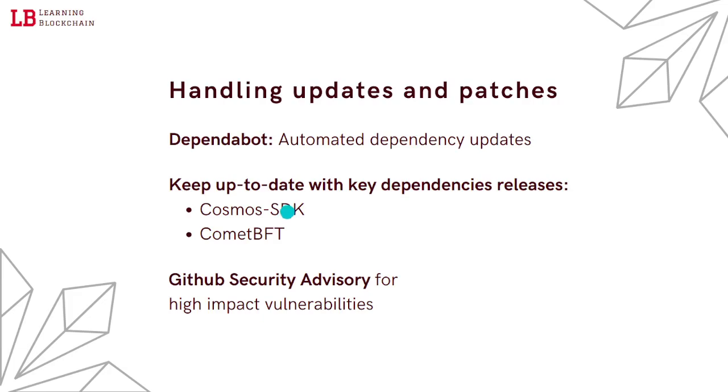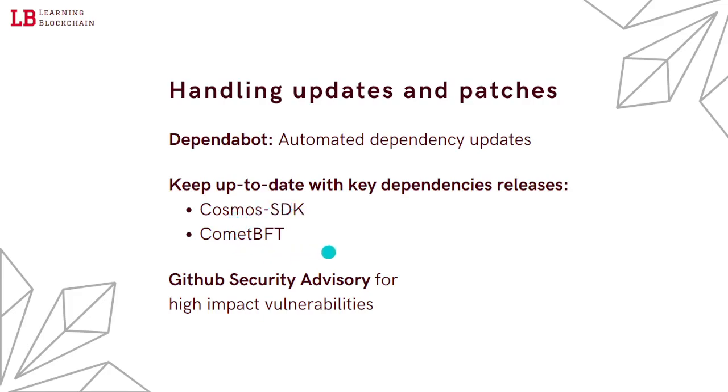So for Cosmos SDK and CometBFT, it's recommended to go through their docs or the repo also, where we will have some guides to migrate from different versions. For example, when migrating from Cosmos SDK v0.47 to v0.50, it's quite a big change. So we'll find in the repository how to migrate from those versions to the new one.